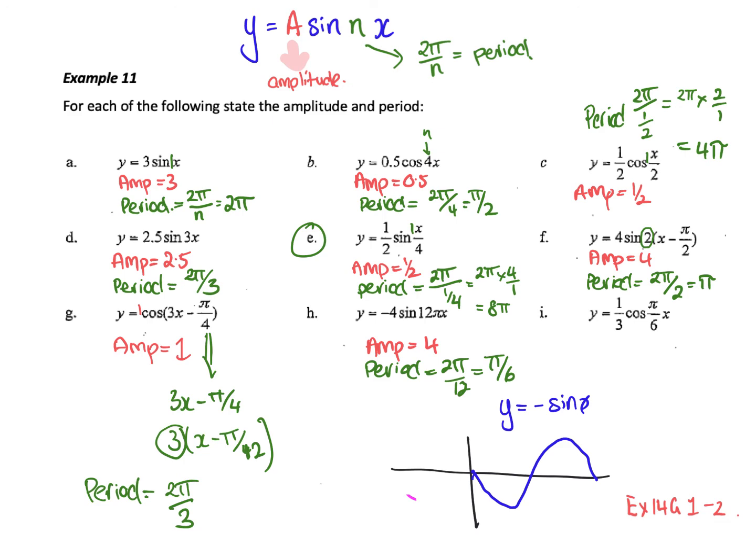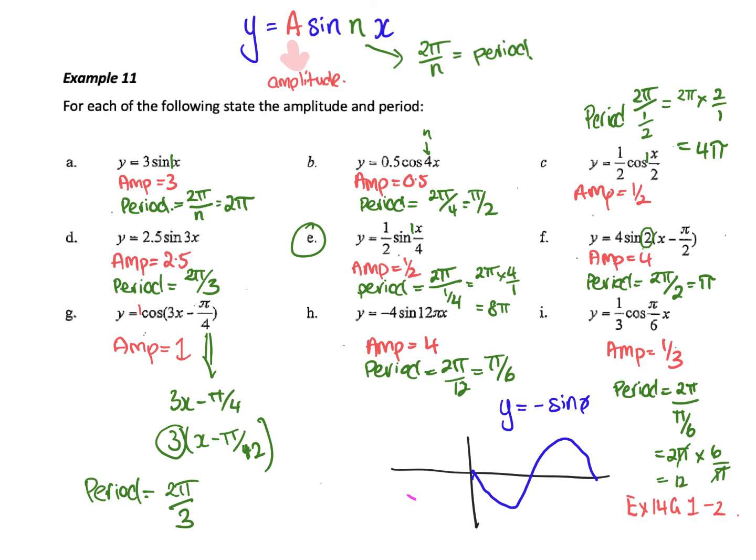And then this last one, the amplitude equals a third, and the period is going to be 2 pi divided by the number in front of the x, which is pi on 6. So this is when we have a fraction, so we times by the flip, and you can see they cross out and you end up with a period of 12.